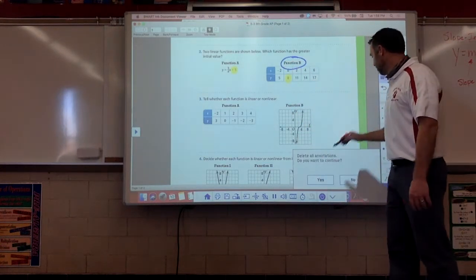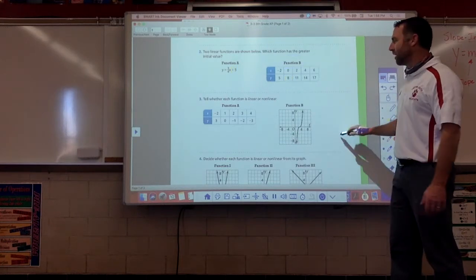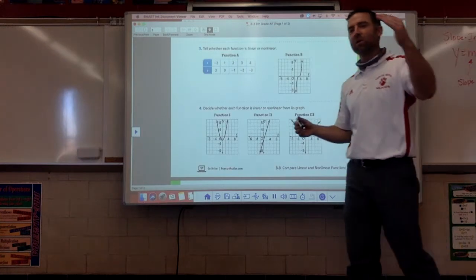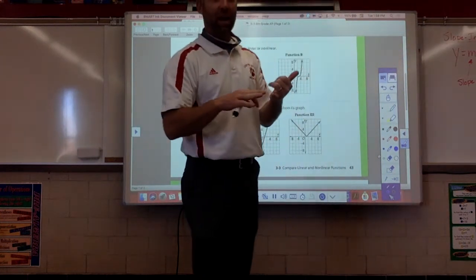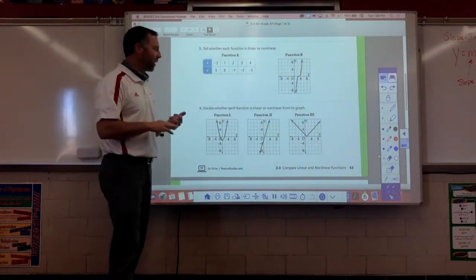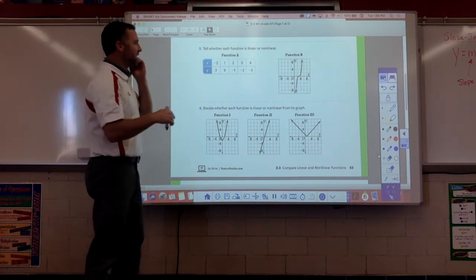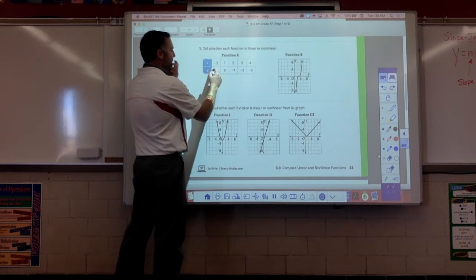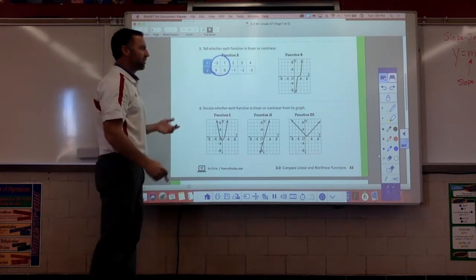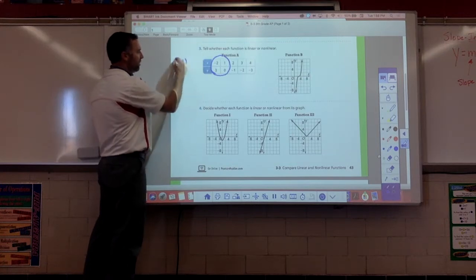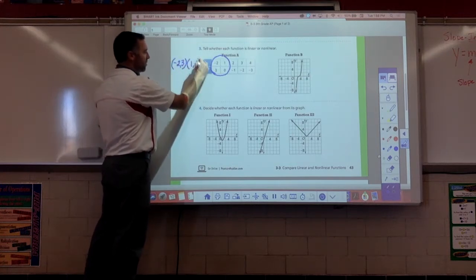Okay, number 3. Now we're determining whether or not a function is linear. Linear means in a straight line, if it's graphed in a straight line, or has a constant rate of change. Now, from a table, let's look at our rate of change. Let's use these 2 ordered pairs, which is the point (-2, 3) and (1, 0).